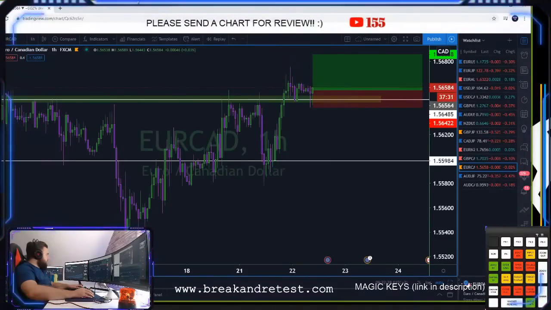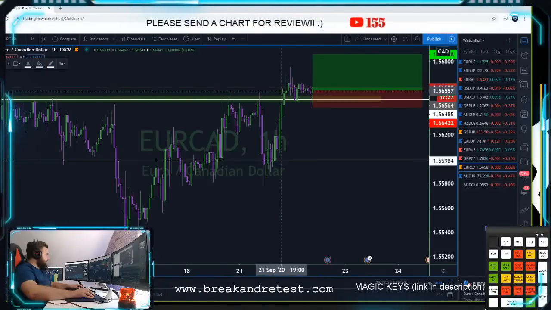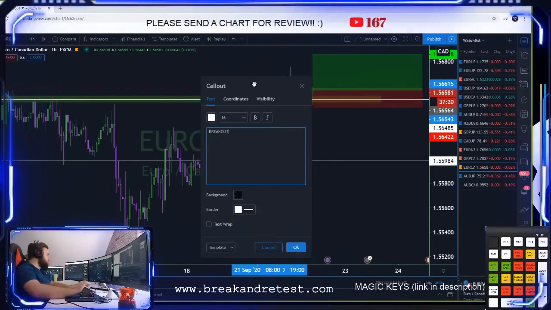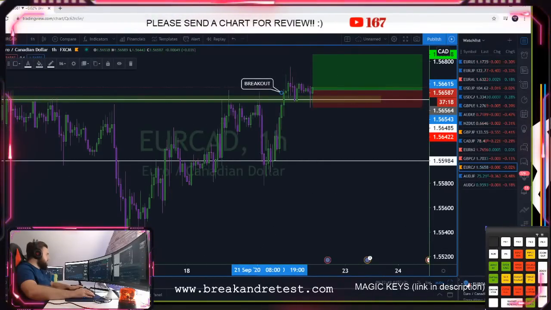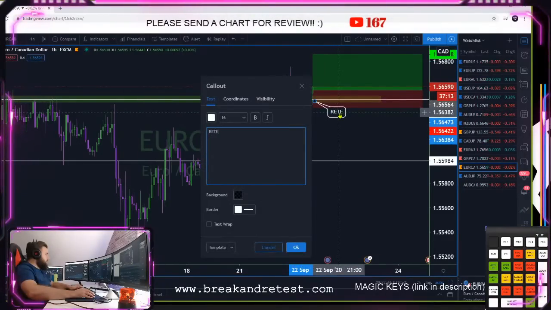The reason why I took buys is because the break and retest already happened. Now I'm just entering in that continuation and expecting this to continue a lot more. The retest is almost done.